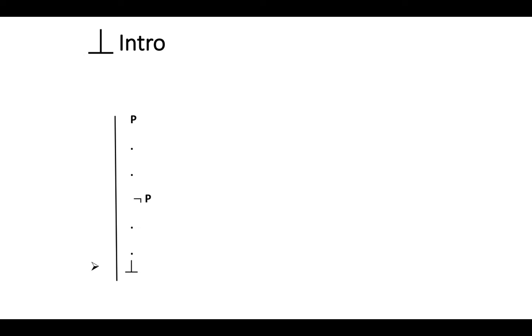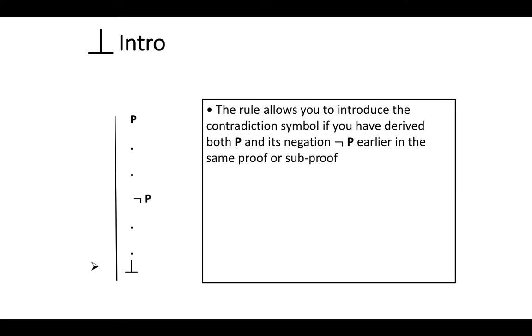So the introduction rule for the contradiction symbol tells us when we can write the symbol down in our proof. And this is how the rule of contradiction introduction looks in our standard format. A few points. Basically, we can write down the contradiction symbol in a line of our proof if we have derived both P and its negation not P in earlier lines of the proof or subproof.